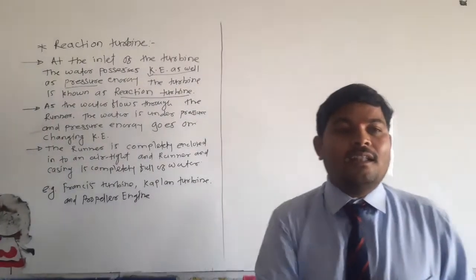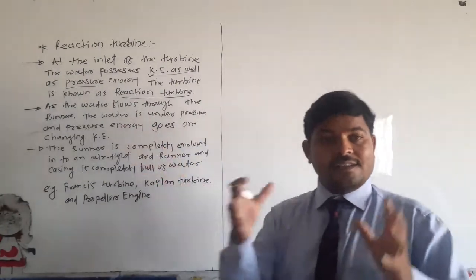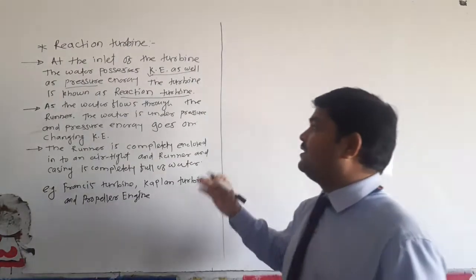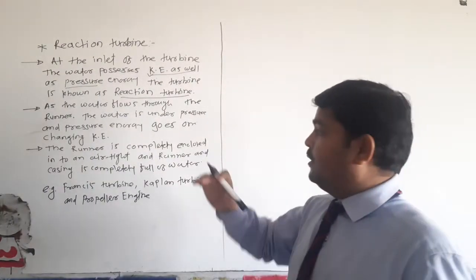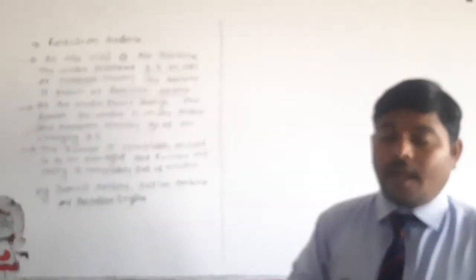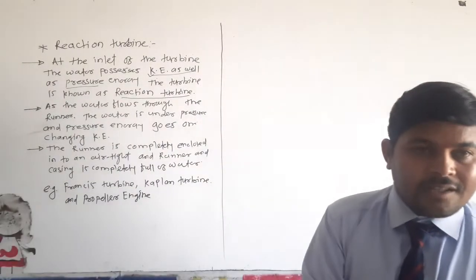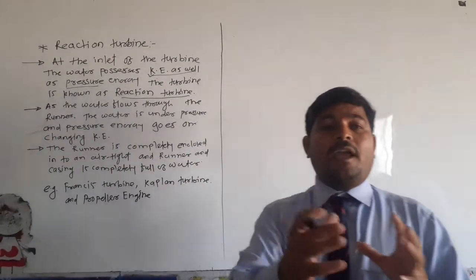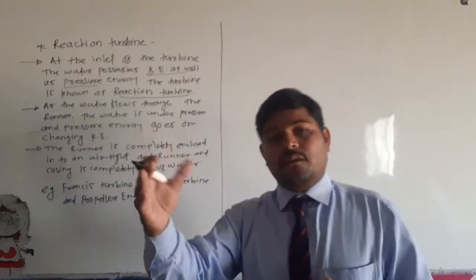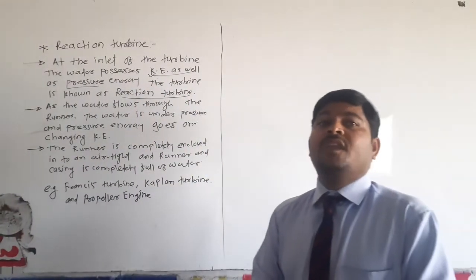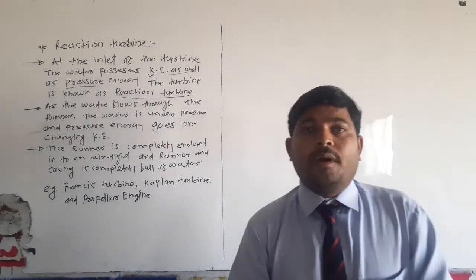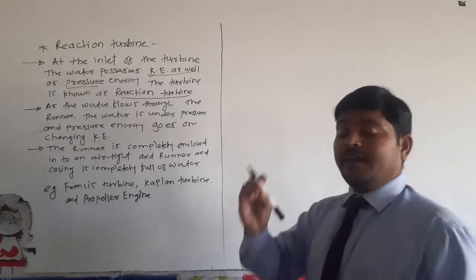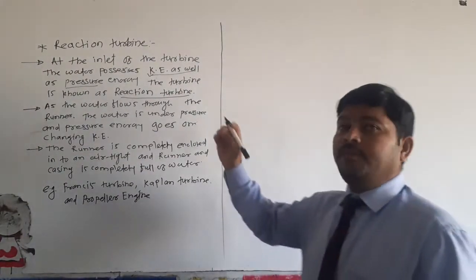The pressure difference and impulse are responsible for the reaction of the runner and for producing the mechanical work. That means two things are responsible for the mechanical work: one is the pressure difference and the second one is the impulse. Because of these two things you get mechanical work, which is further converted into electrical energy. Then the reaction turbines are suitable for low and medium head, that is 30 meters to 250 meters of head.